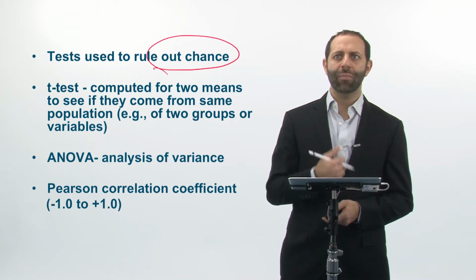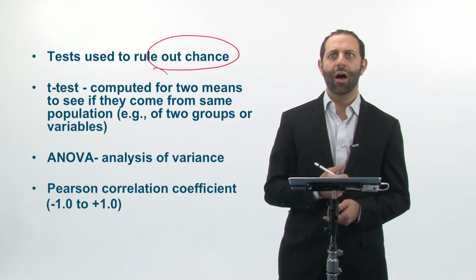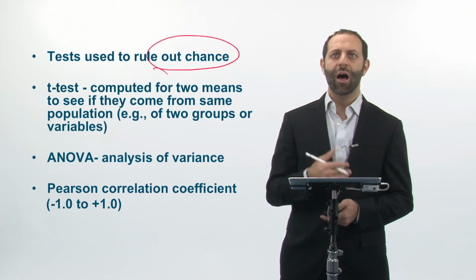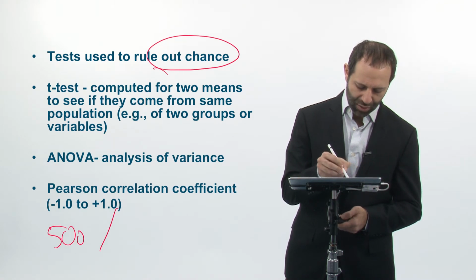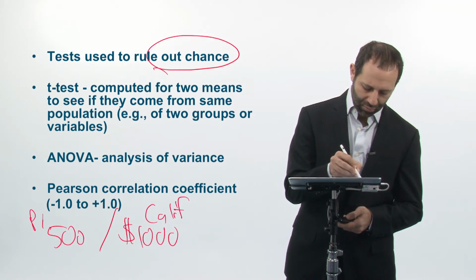So if the average amount Pennsylvanians spend on clothing comes to $500, and Californians spend $1,000 per month, so it's $500 for Pennsylvanians and $1,000 for Californians, right?